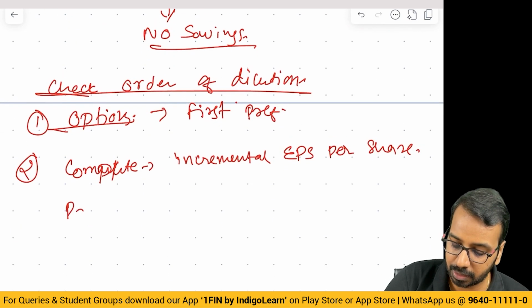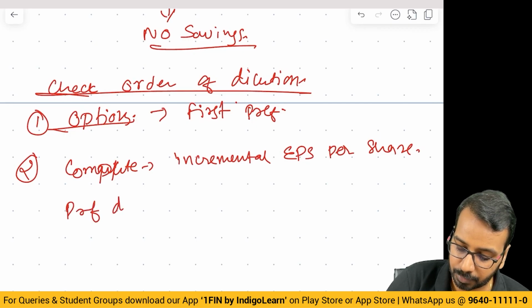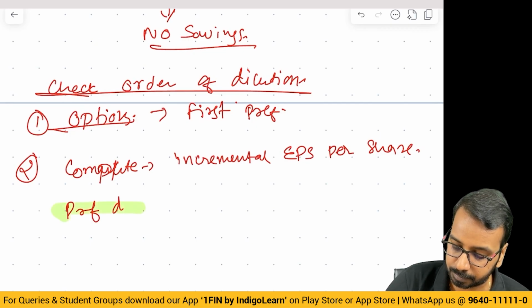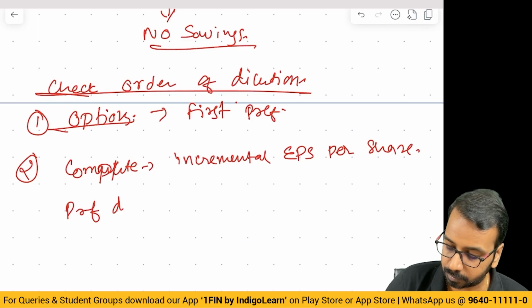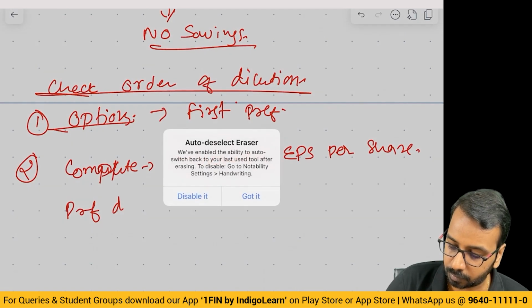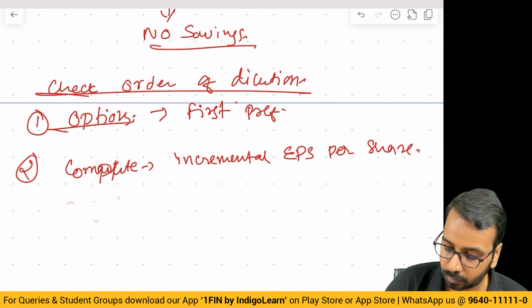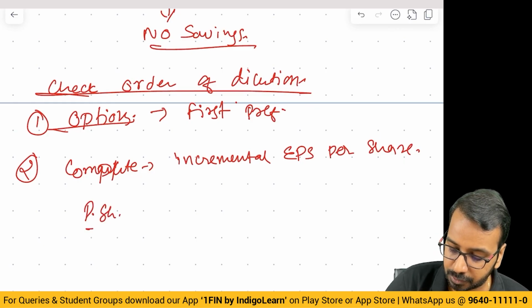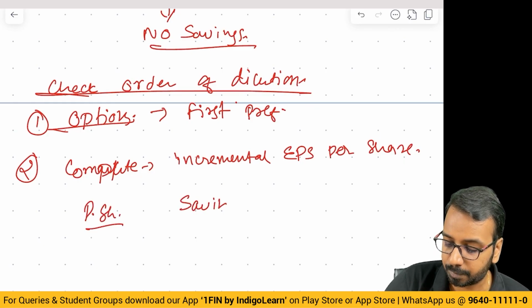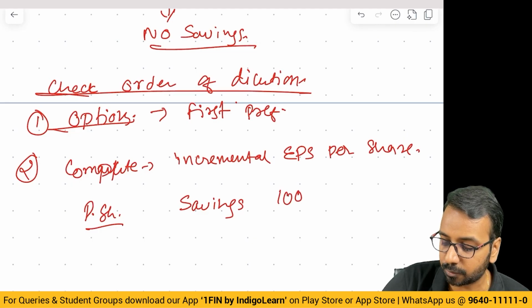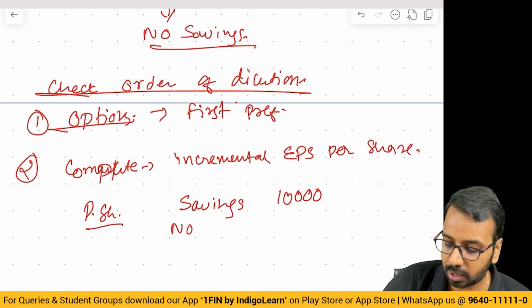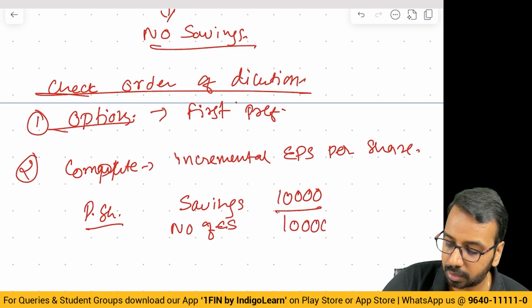For example, preference shares. What is the savings? Savings was 10,000. What are the number of equity shares? 10,000.